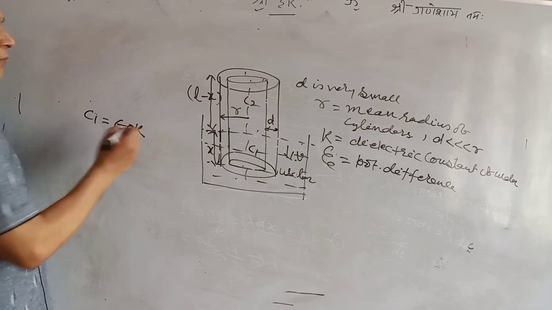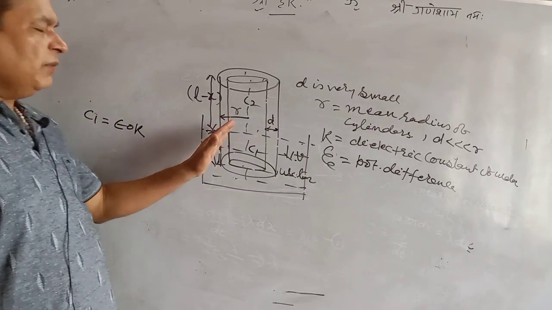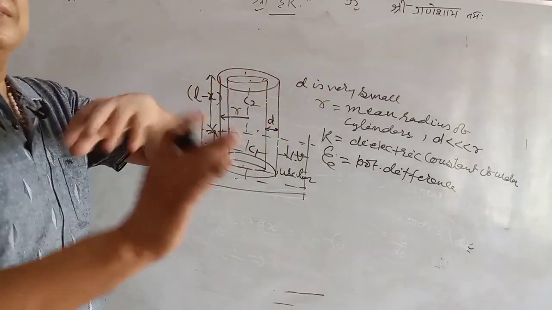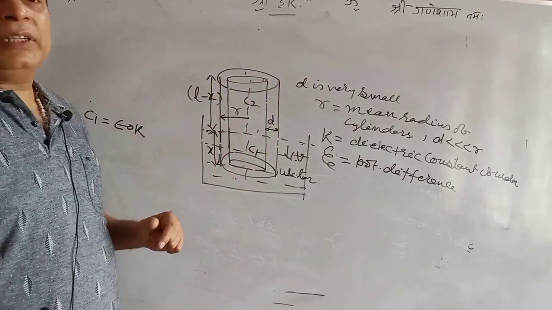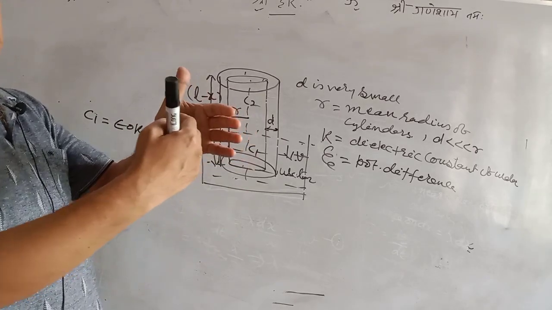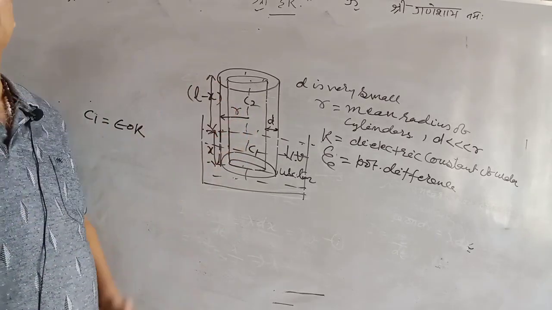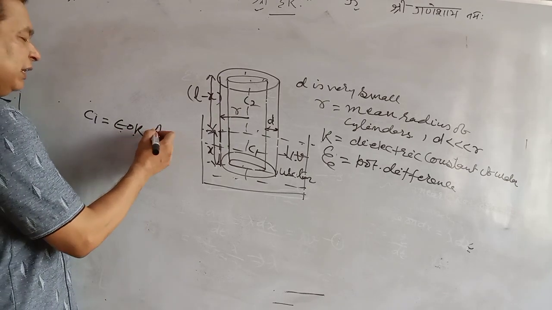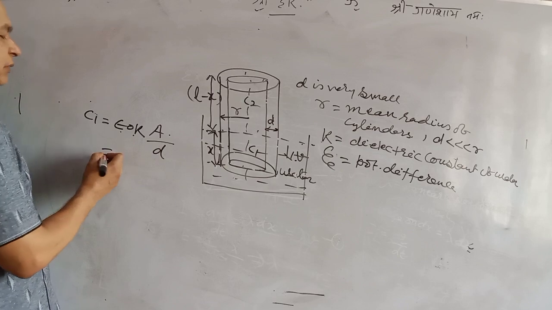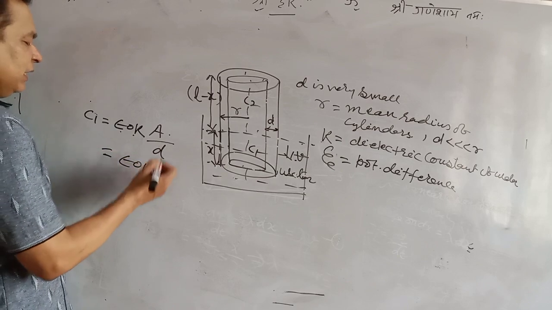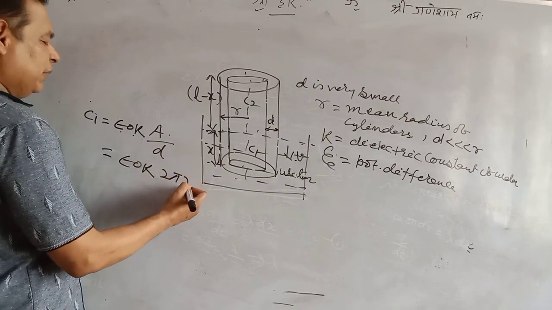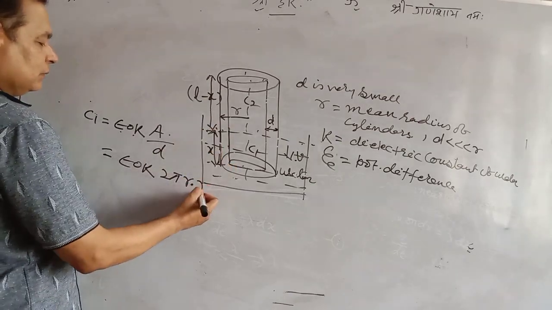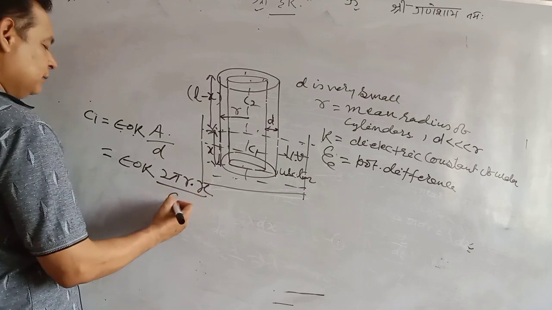We can write C1 as epsilon naught K. Since R is very, very larger than the distance d, it will be like a parallel plate capacitor. It seems cylindrical, but it will be like parallel plate, as both curved surfaces are very close and parallel. So we can have C1 equals epsilon naught K times area by distance d, where area is 2 pi R, the mean radius, into length x, by d.